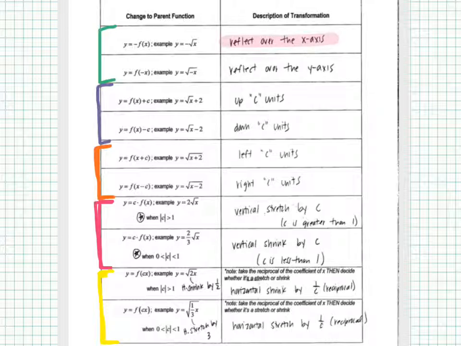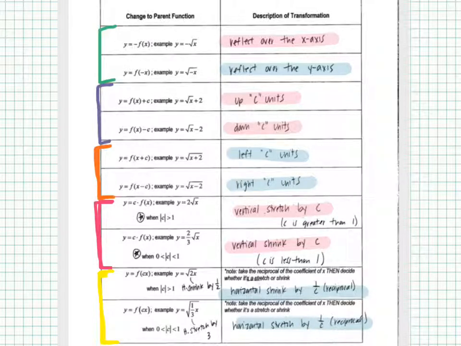I'm looking for anything that's happening on the outside, so here, +2, -2, down with the stretching and shrinking, I'm looking for numbers that are on the outside, so that's vertical stretch and vertical shrink. And then if I go back, everything else that's left should be on the inside of the function, so reflect over y, left C, right C, horizontal shrink, and finally horizontal stretch.